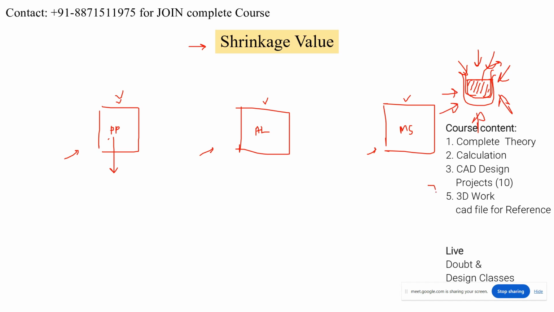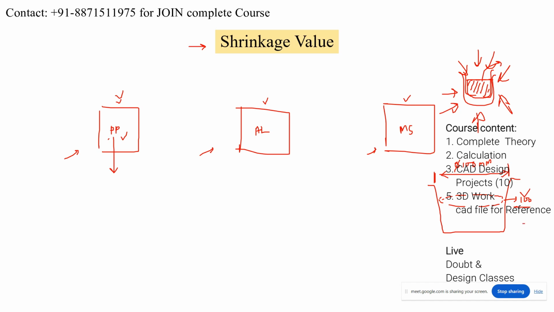For example, if I have a vessel like this, and this is the diameter of the vessel, say 100 mm, I am talking about diameter. If you pour the PP material, its diameter should be 100 mm after solidification, right or wrong? But you will not get 100 mm.